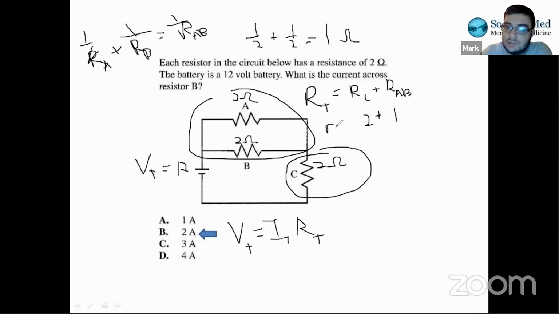So RT is equal to 3. Okay. 12, which is V total, equals I total times R total, which is equal to 3. I total is equal to 4 amps.